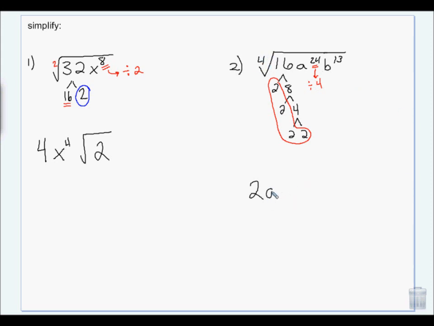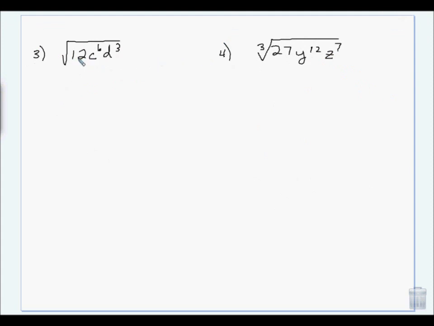And so 24 divided by 4 is 6. And then I take this exponent and divide it by 4. And what I get is 3 with a remainder of 1. Right? 4 times 3 is 12, so I have 1 left over. I can pull out the 3, but this remainder of 1 stays behind. So I have 1b left inside.